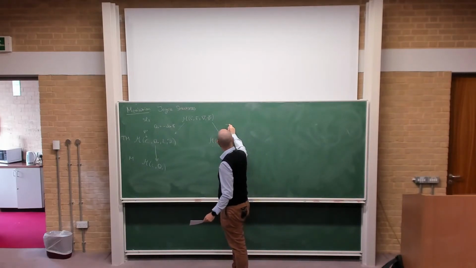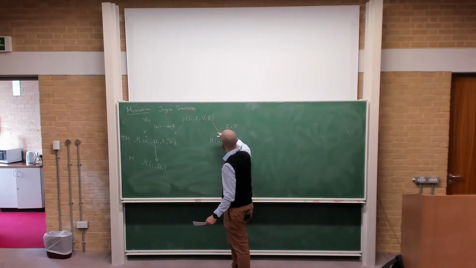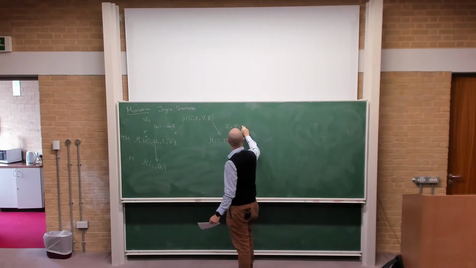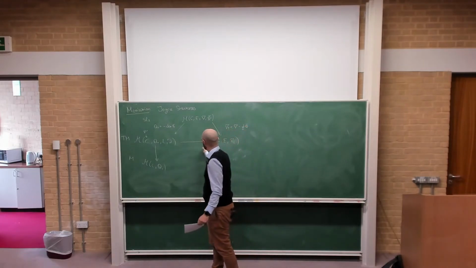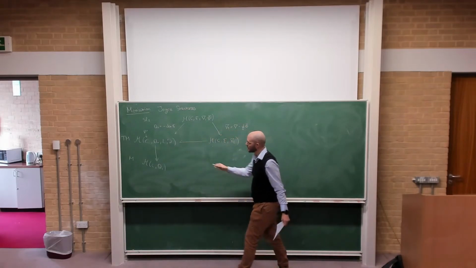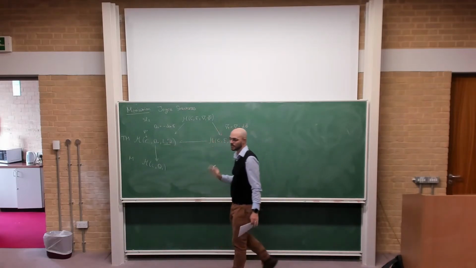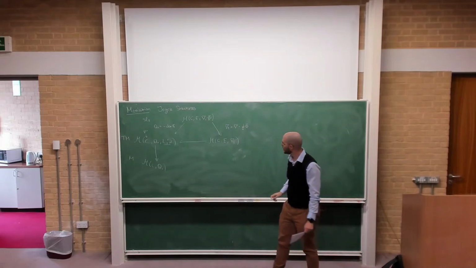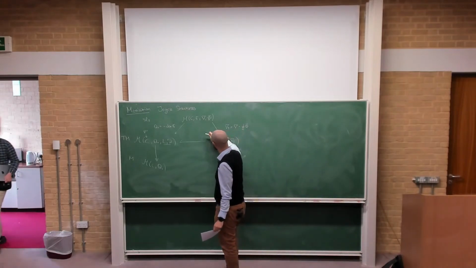And this connection here is related through this map to the objects above in this way. And again, essentially the map from here to here is the same. The line bundle with connection was discussed this morning. I won't go into that, because actually what I want to do is to stay here.